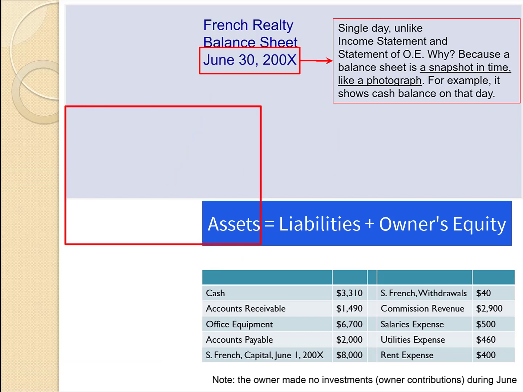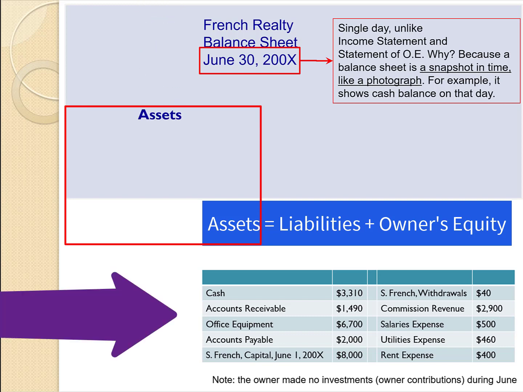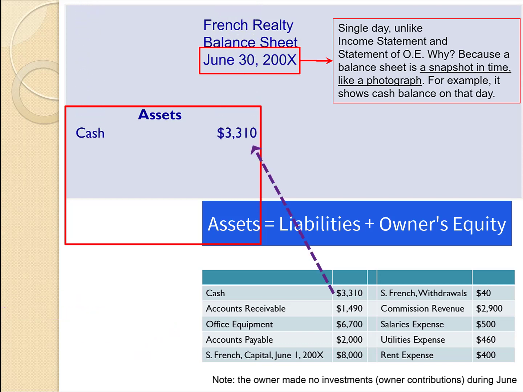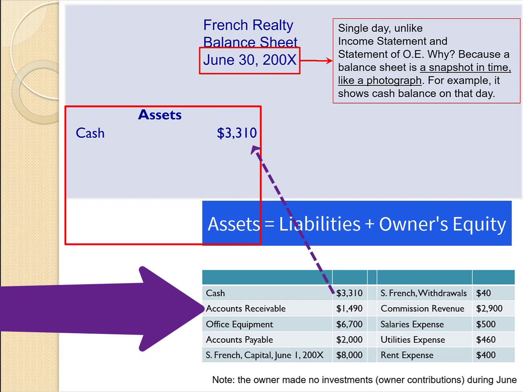So on the left side of the balance sheet, we're going to have assets. And then looking at the table below, which of these accounts are assets? So the first asset is everyone's favorite asset, cash, $3,310. So how about accounts receivable? Is that an asset? Yes, because that means that in the future our customers are hopefully going to be paying us the amount they owe us.